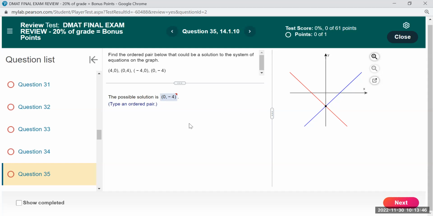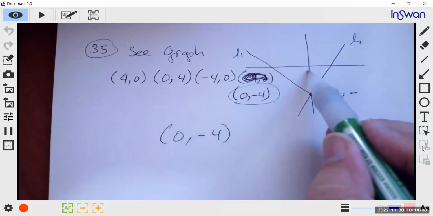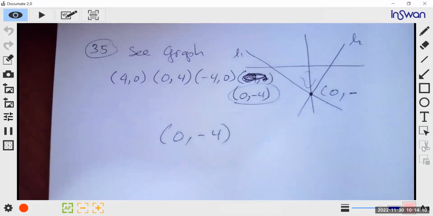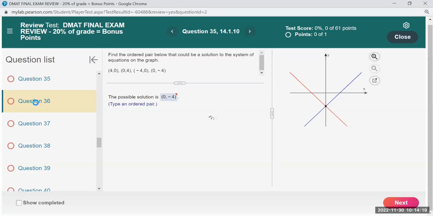Since it doesn't go anywhere on the x, it's 0, and it's going down, so it's negative. So 0 and negative, the possible answer is 0, -4. Yeah, because here's a point, it doesn't go anywhere on the x, so it's 0, and it goes down to negative.